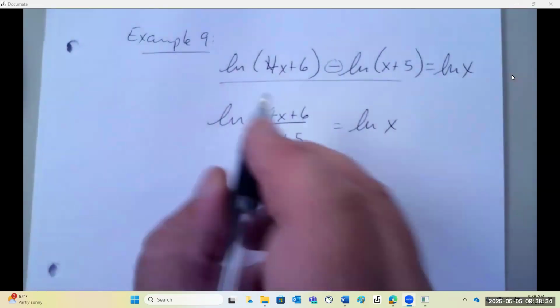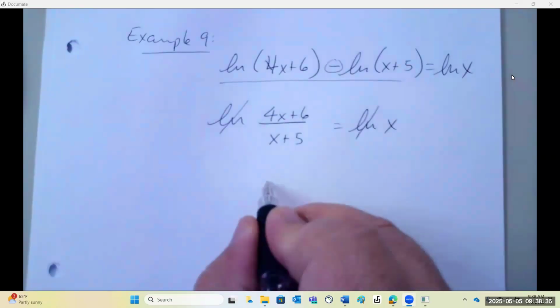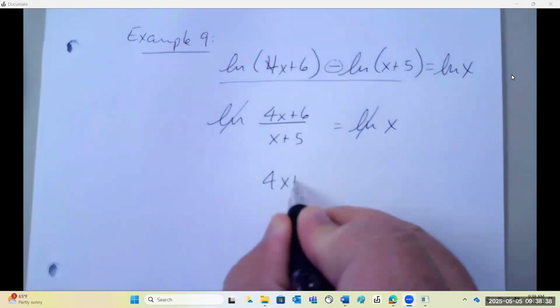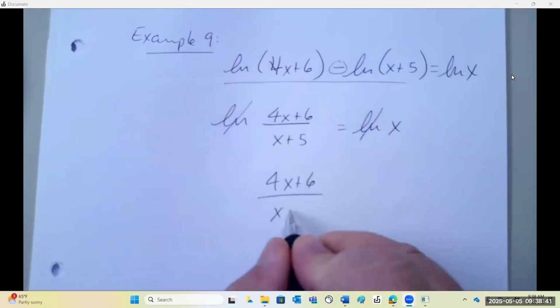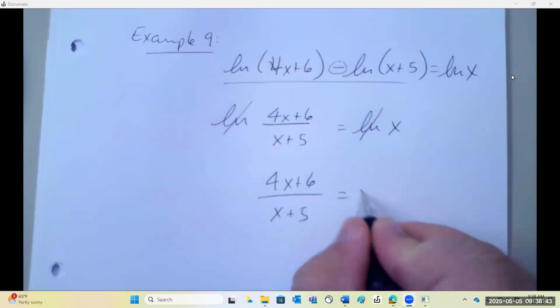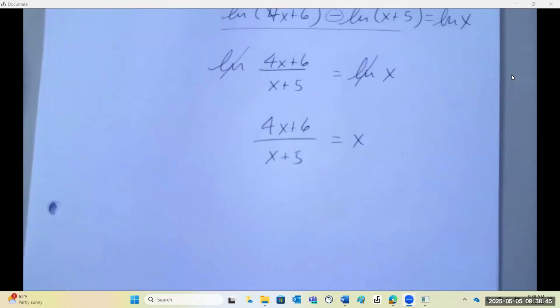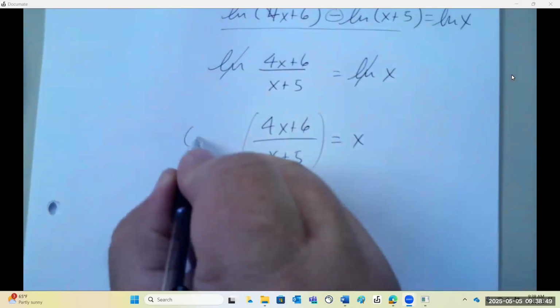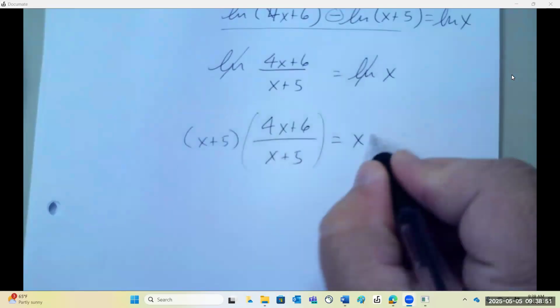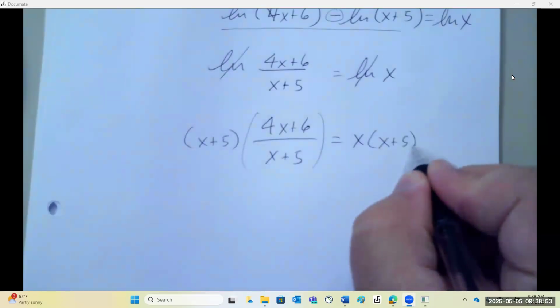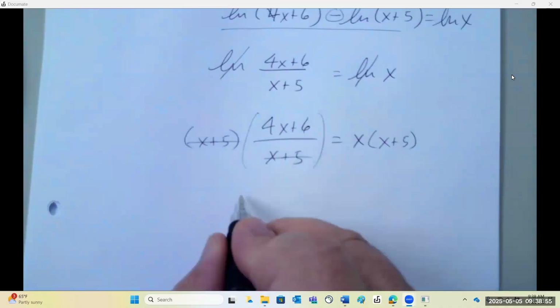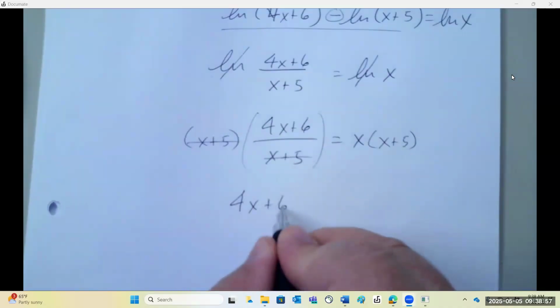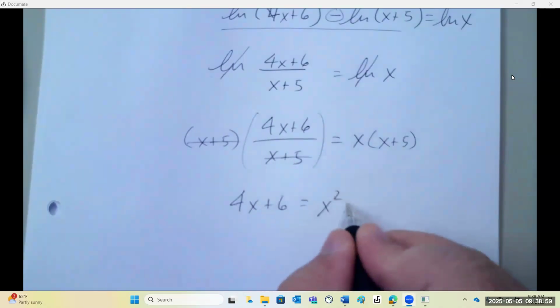Because both sides are ln's, the only way they can be equal is if the insides are equal. So multiply both sides by x plus 5 to get rid of the denominator. 4x plus 6 equals x squared plus 5x.